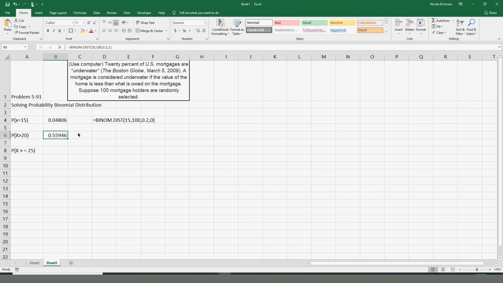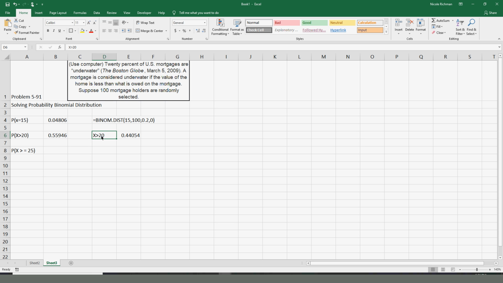Oh, sorry, that's the probability that it will be 20 or less. So in order to get the probability of X greater than 20, we need 1 minus the 20 or less. Equals 1 minus this. So this is our probability that it's going to be 20 or less. So the opposite of that, greater than 20, would be 0.44. So 1 minus that.